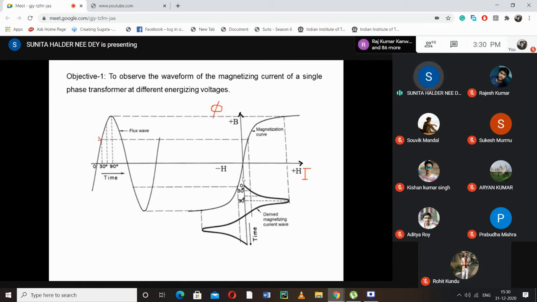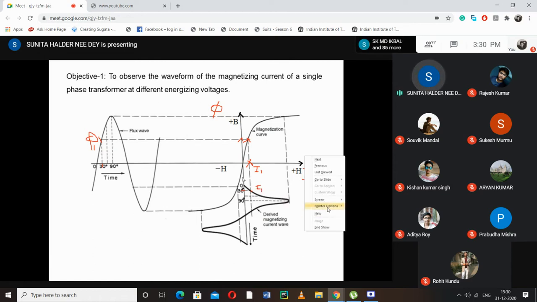Then for any value of phi, say phi 1, we can get the corresponding I1. For this particular time or angle of 30 degrees, we again plot this I1 here. In that way, we can trace the magnetization current.